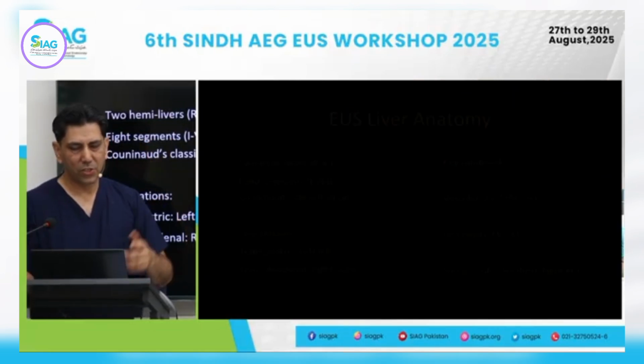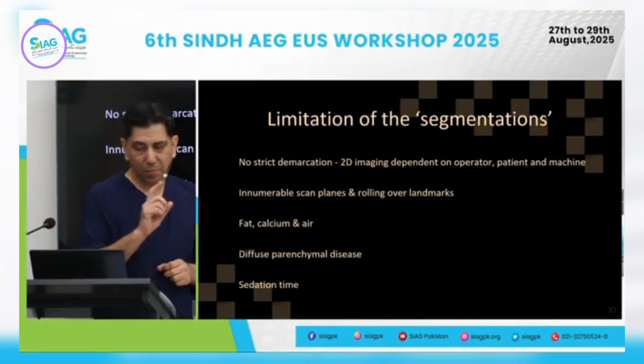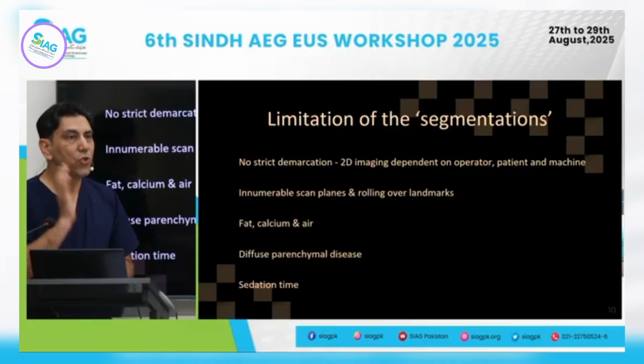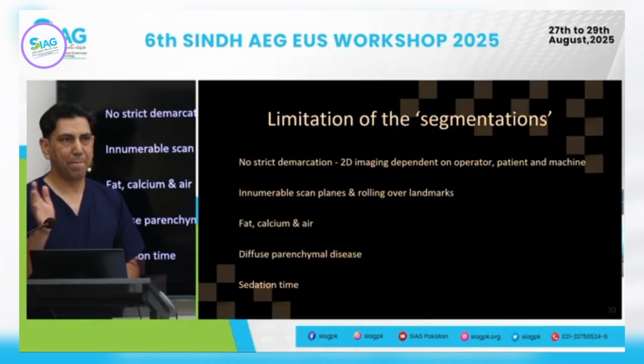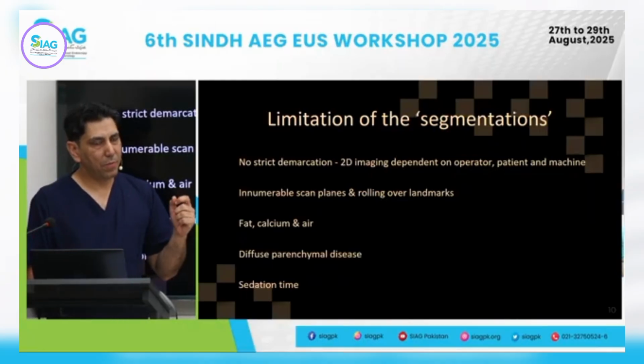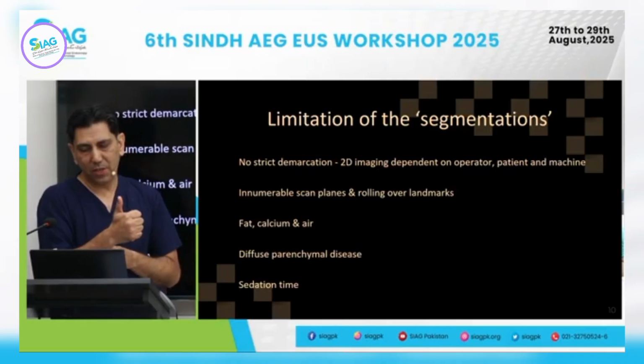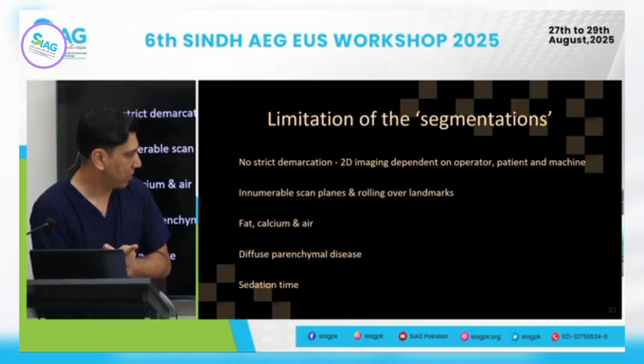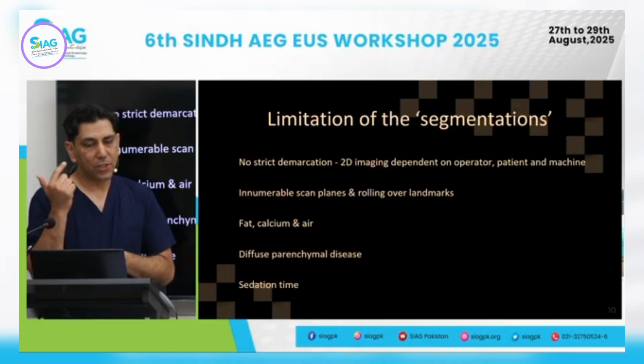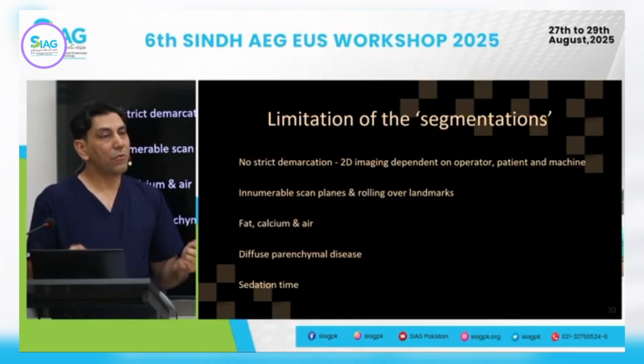So this is just a broad outline. Having said this, it's really important that there's no strict demarcation. When the probe is moving, there's a lot of overlap. It's a 2-dimensional imaging modality, not 3-dimensional. That's number one. There's a lot of overlap, and there are a lot of different planes.